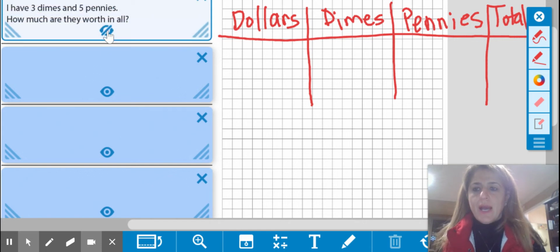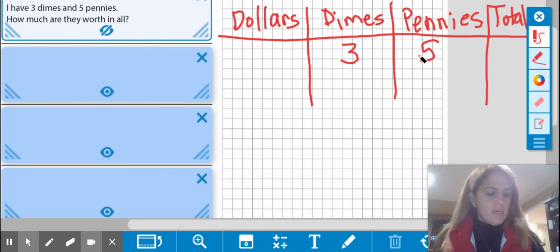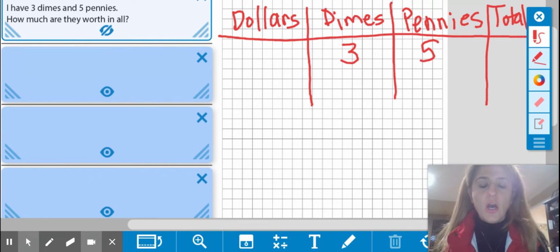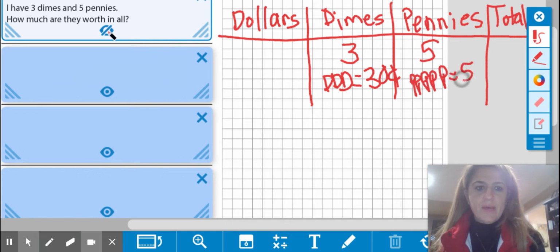So our first problem is I have 3 dimes and 5 pennies. So this person has 3 dimes and 5 pennies. And we want to know how much money in all. Well, we know 3 dimes equals 30 cents and 5 pennies equals 5 cents.